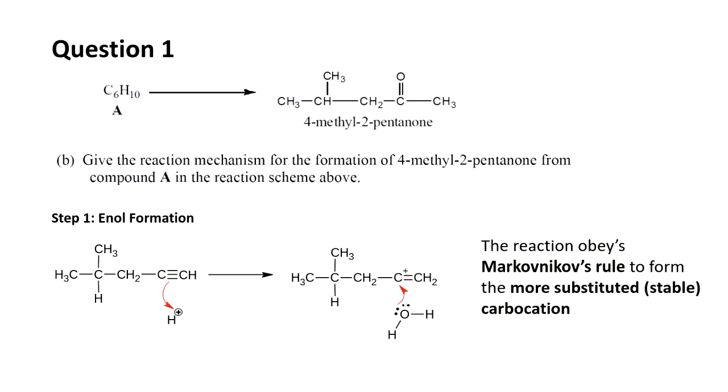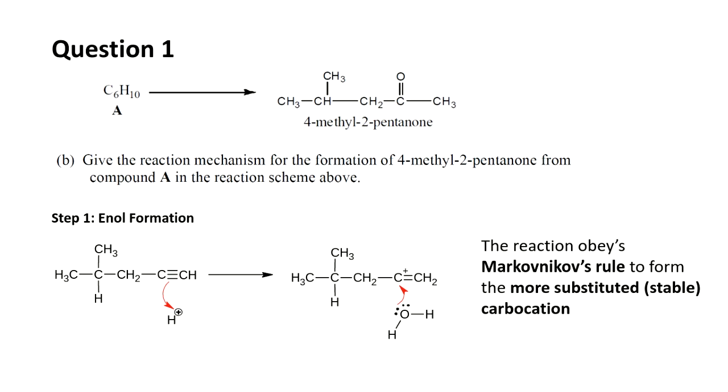And notice that, as I mentioned here, the reaction obeys Markovnikov's rule, and so the proton will go on the carbon that has the most hydrogens, sorry, to create a more stable carbocation. So we are forming a more stable carbocation. So we have the plus charge on carbon number 2.